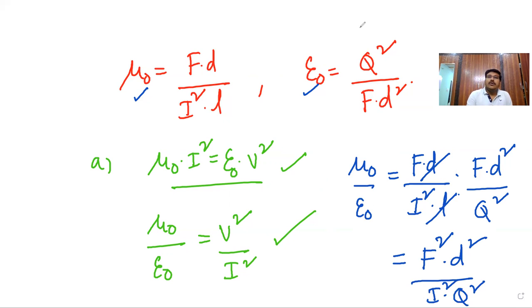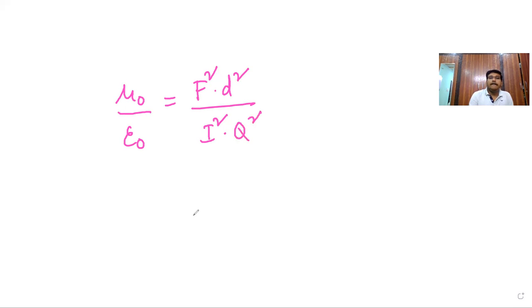Okay. Now observe. So mu naught by epsilon is equal to F square into D square by I square into Q square. Now, from the previous classes, we know that a simple equation, since work is W is equal to Q into V, charge into potential difference.